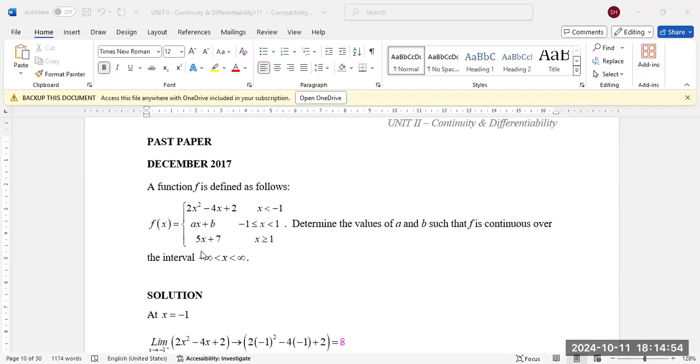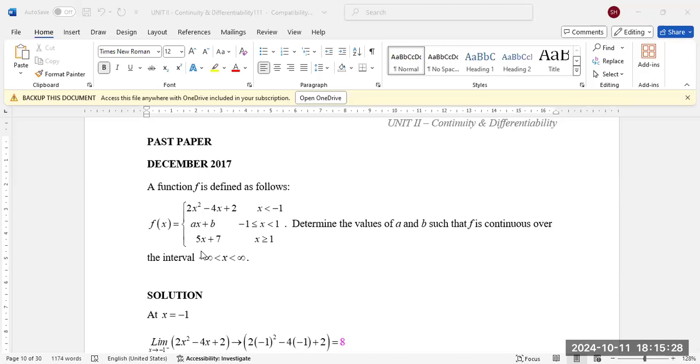Sir, at this point I just check to see if it's continuous at x equals -2 and x equals +2. It looks like for every value, we want this function to be continuous. Yes, that's the question I thought about.